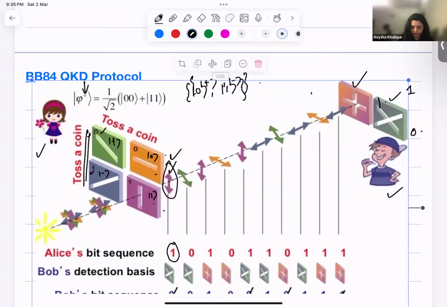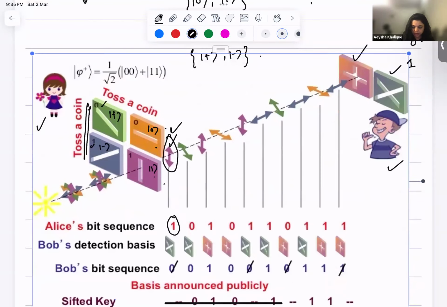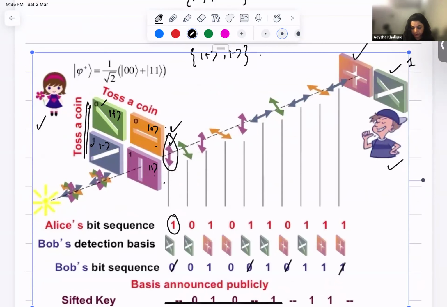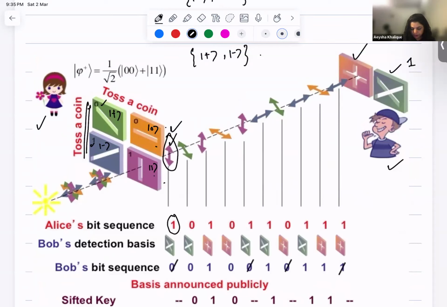So let's go over here. They do it for every qubit that is flying there. For the first case, we are going to compare Bob's detection basis and Alice's preparation basis. For the first qubit, Alice's preparation basis was the orange purple one, which is the horizontal vertical.